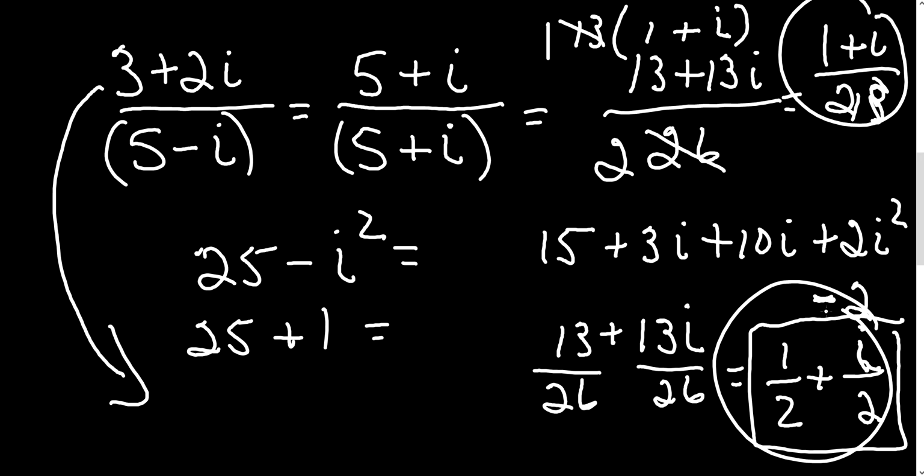One more. I won't even change the page here. I'll do it this way: 3 over i. The conjugate is going to be, multiply top and bottom by negative i. So let's see, what have I got here?